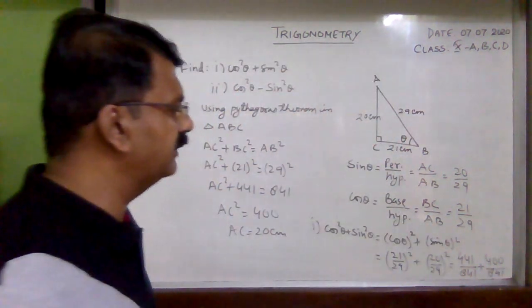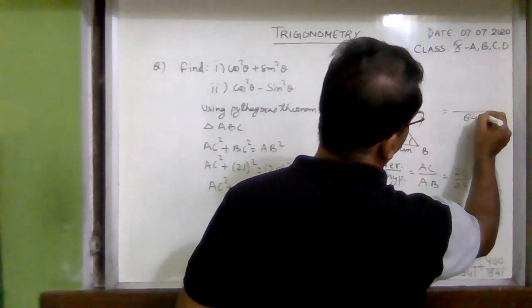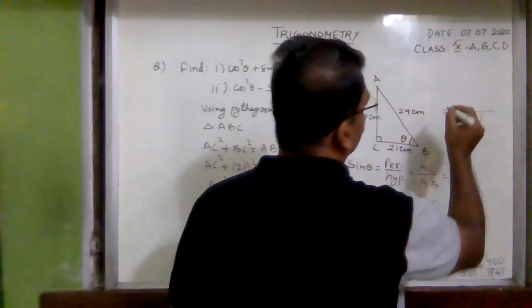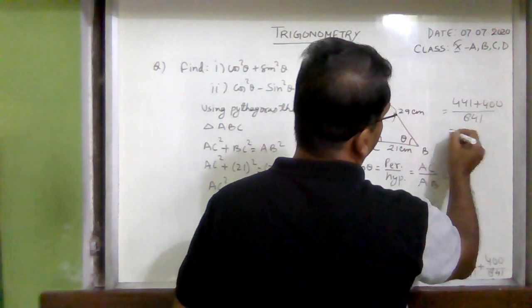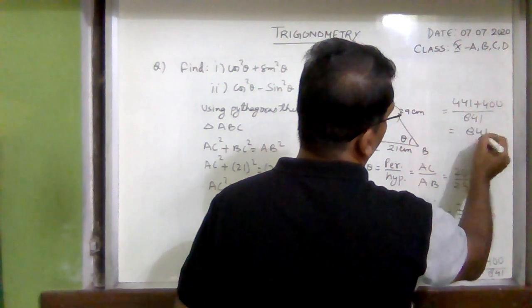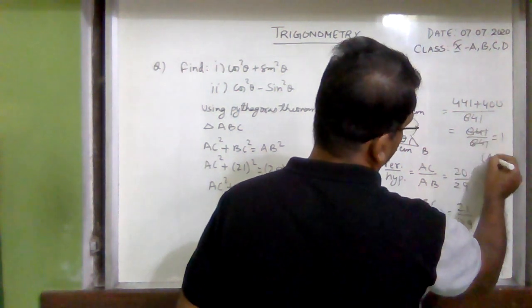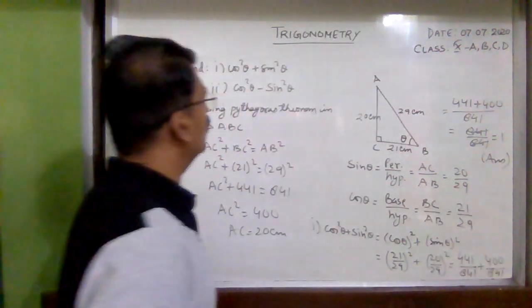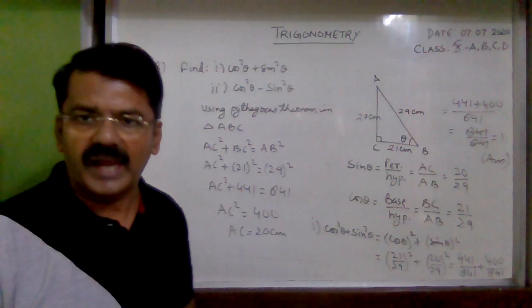Now if you take 841 LCM, then 441 plus 400, that is 841 upon 841, which is nothing but 1, and that is your answer. So cos square theta plus sine square theta, we are getting it is equal to 1.